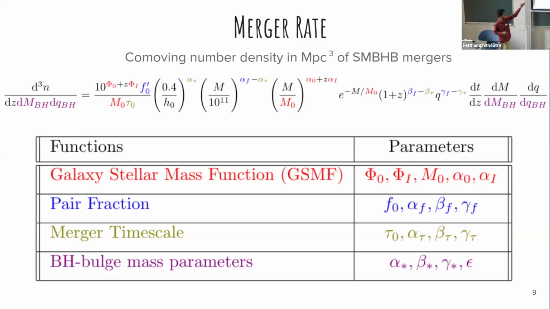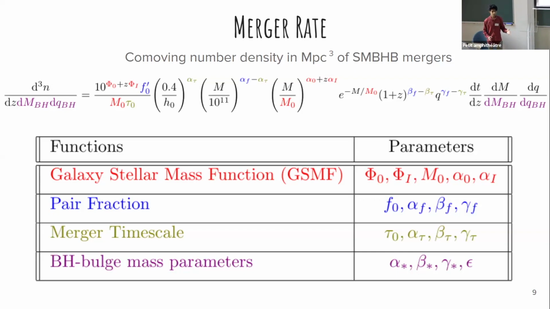We use the galaxy stellar mass function to get the mass profile of the galaxies, and the pair fraction to get the differential pair fraction at a redshift for a certain mass, for the ratio in mass and the merger time scale, and we use the black hole bulge mass relation.